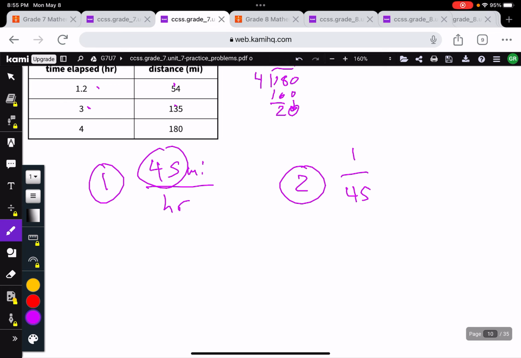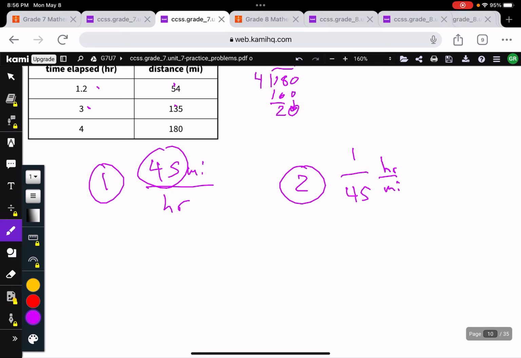In other words, I think it goes, maybe I was right, it goes 1/45th, or sorry, in 1/45th of an hour per mile. I know that the 2 constants are 45 and 1 over 45.